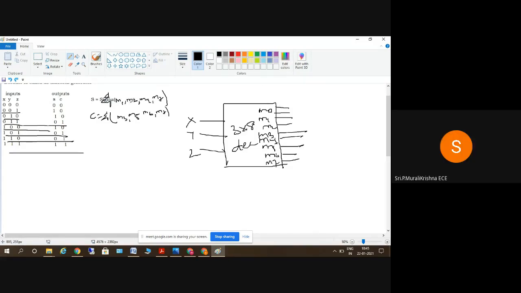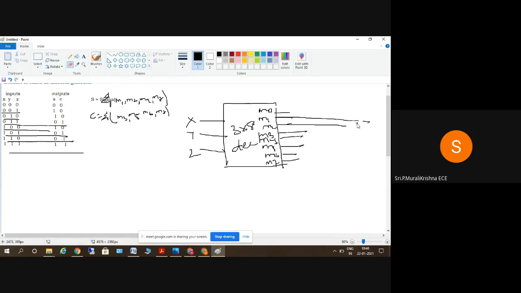So this is M1. So where is M1? So I have M1, I have M2. Okay, this is M0, this is M1, right? So you don't get confused. Here I have not drawn the diagram very neatly, but try to understand this. So this is M0, M1, M2.